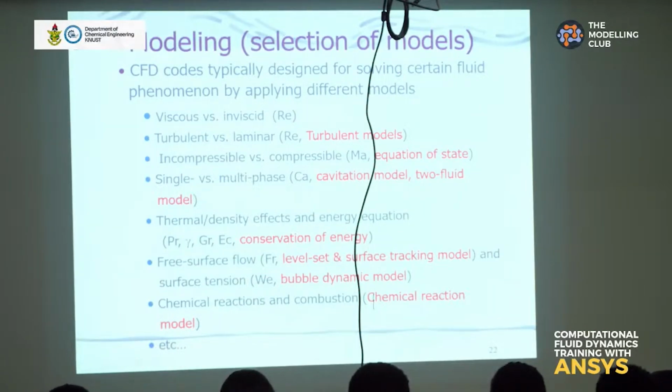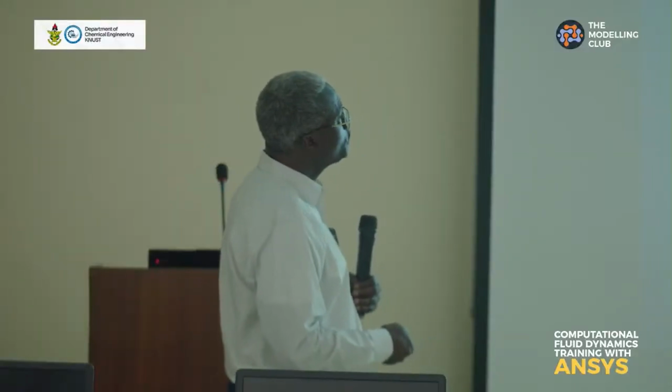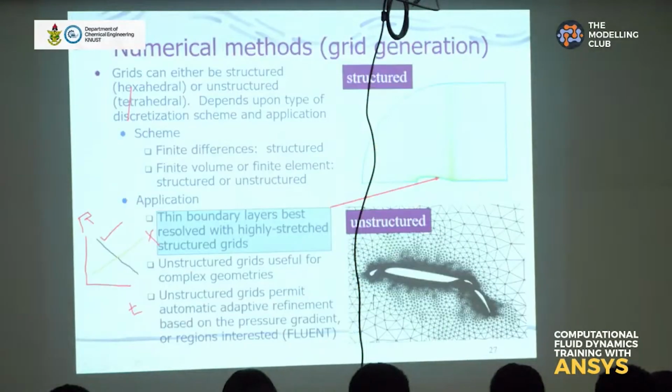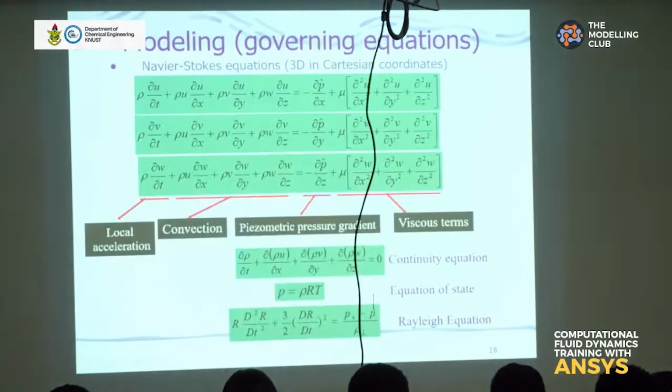Now the question is, why do we have to have a turbulent model? Well, let's go back to our Navier-Stokes equation. If you have turbulence, then that means that these velocities are fluctuating. They are not uniform.